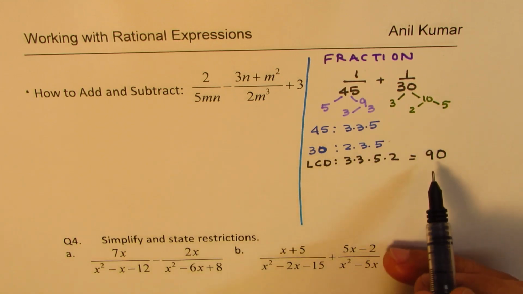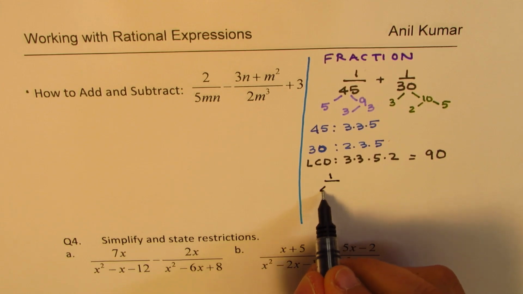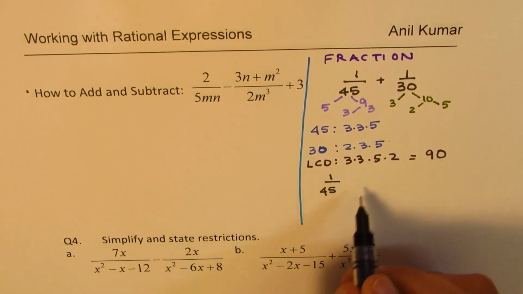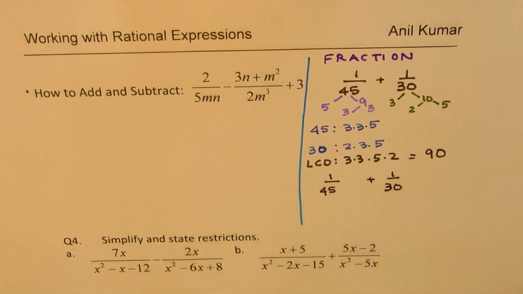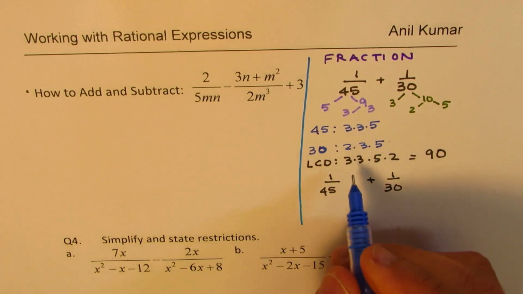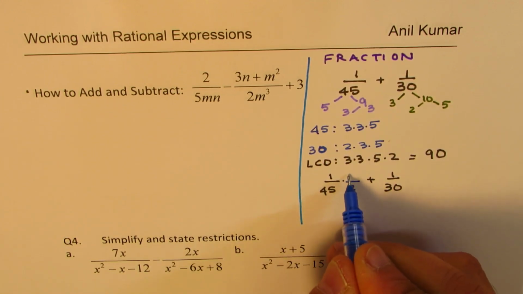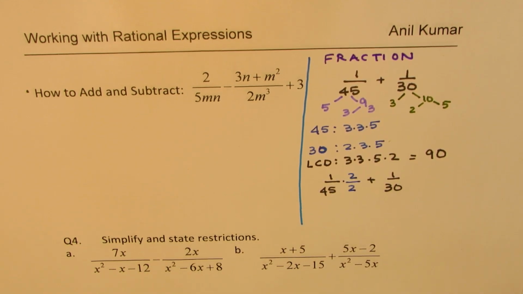Correct? Now once we get 90, we know exactly that we should be writing 1 over 45 with a denominator of 90, and also 1 over 30 with a denominator of 90. We could do that by multiplying 45 by 2. I have to multiply the numerator also by 2, right, to make it the same thing.